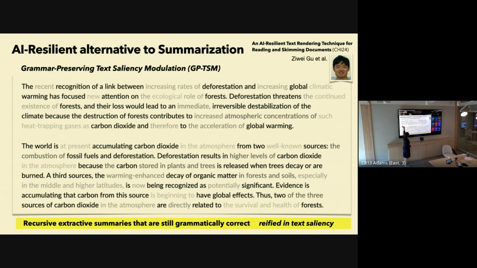So you can read just the black. It's grammatically correct and preserves the majority of the semantics. If you want to, at any point, dip down into the details, you can start reading the successively lighter and lighter levels of gray that are still always legible.